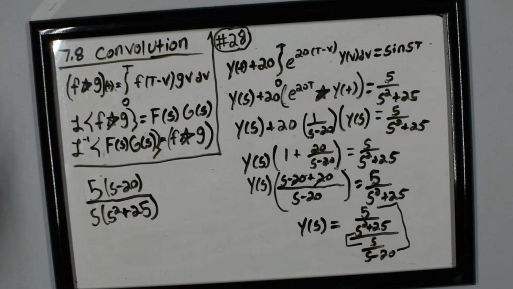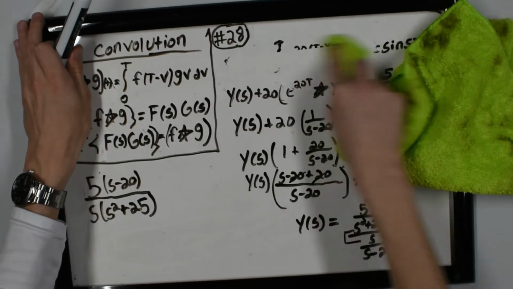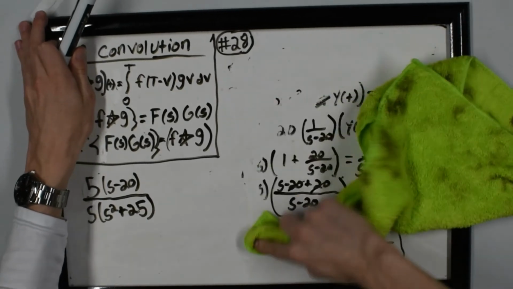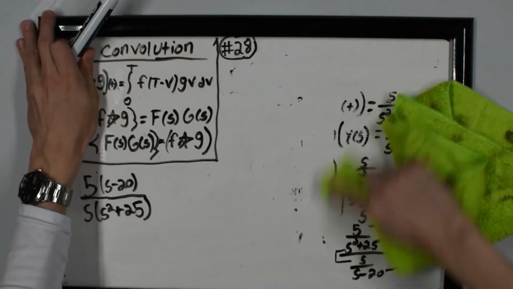All right. So now what we're going to have to do is a partial fraction. So I'm going to erase this work here so we can solve it, giving us a little bit more room.